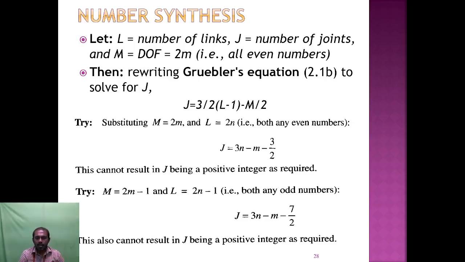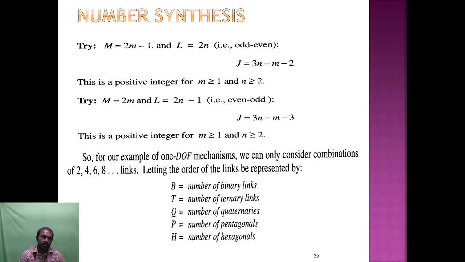Try both odd: J is equal to (3n minus m minus 7) by 2. This also cannot result in J being a positive integer. Another case is odd and even: J is equal to 3n minus m minus 2.